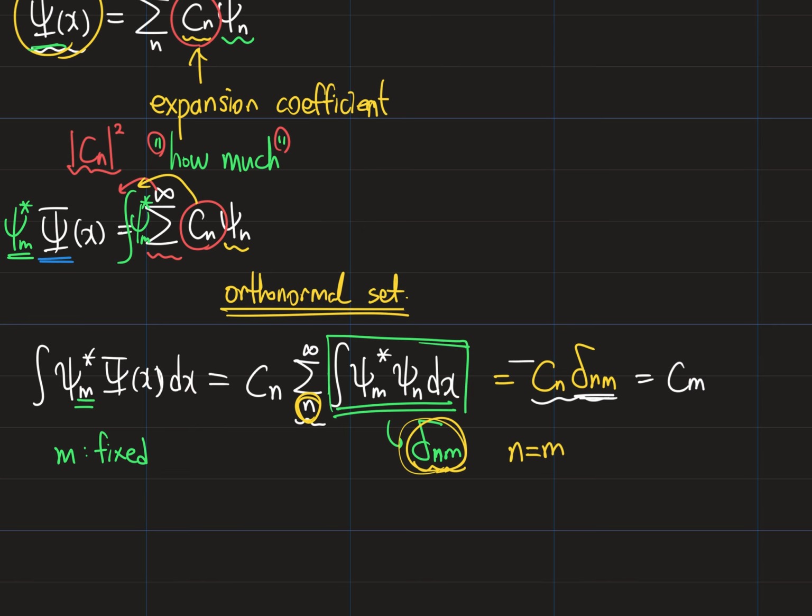Sorry, there should be a summation here. Okay, so we can calculate the coefficients like this by projecting the total wave function onto the desired eigenfunction.